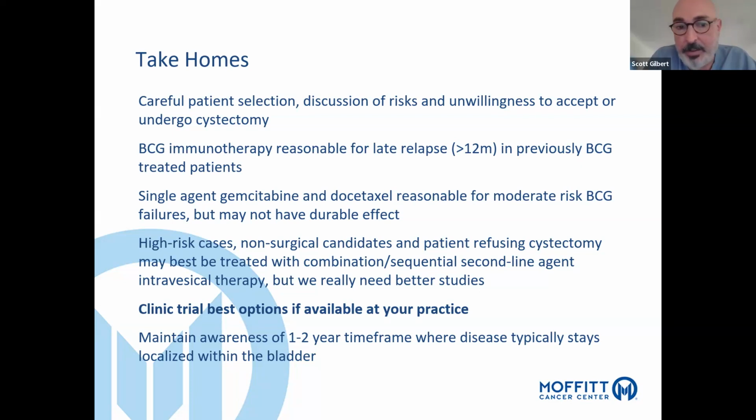In high risk cases, I either use sequential gemcitabine docetaxel or consider them for a clinical trial. And I'll absolutely start talking to them about cystectomy, even if that's going to be something that is done a year or two down the road. I think that's it.